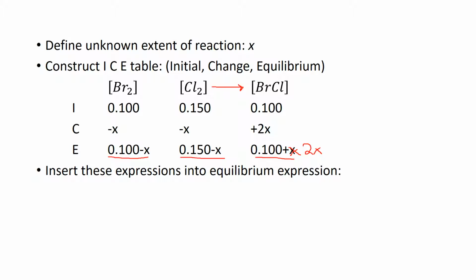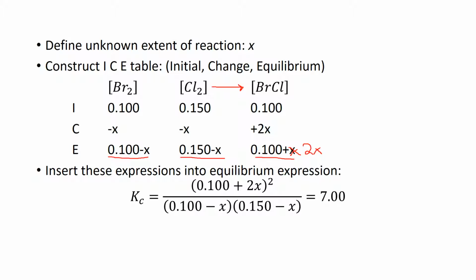So I insert these into the equilibrium expression, so products on top, the BrCl on top, raised to the power of 2 because of the coefficient in the reaction, and the denominator, the equilibrium concentrations of bromine and chlorine. And now all I have to do is solve that equation for X.